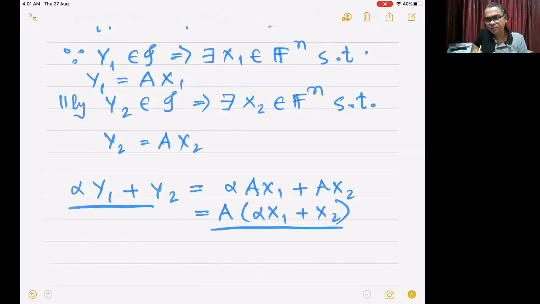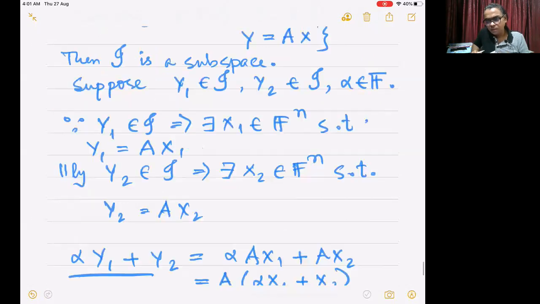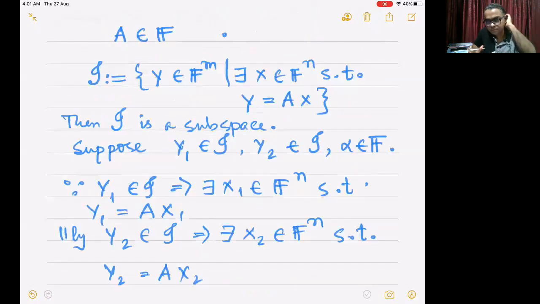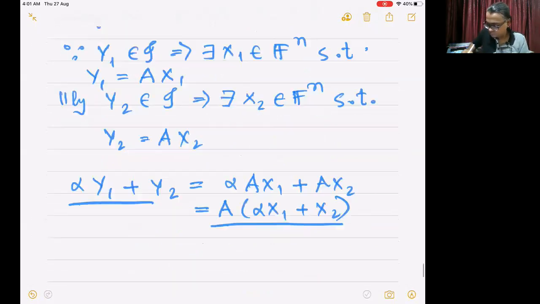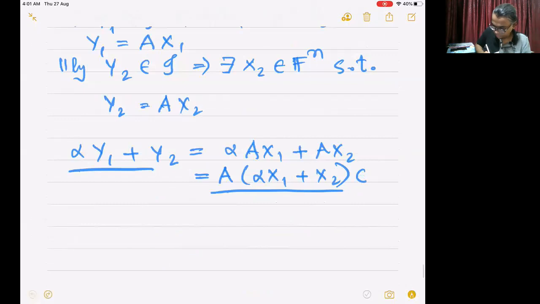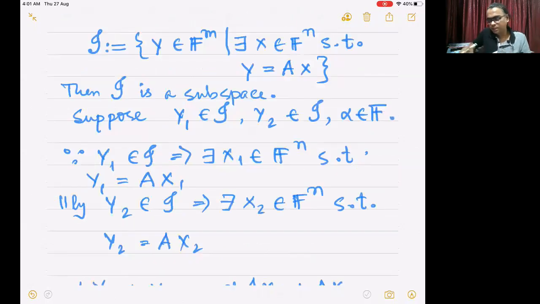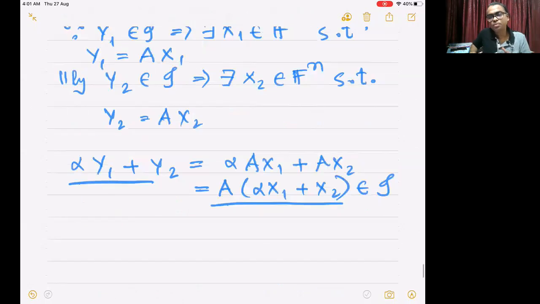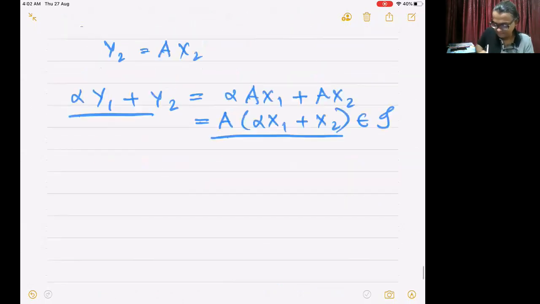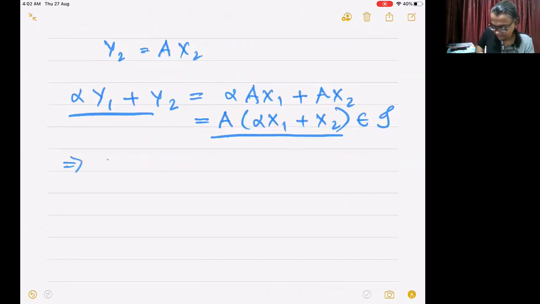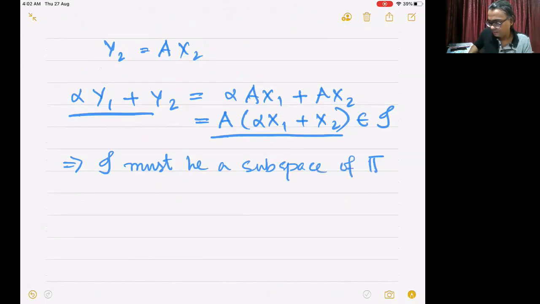This is A times a vector, and the collection of all such vectors is the set I. So this belongs to I. So therefore, y1 in I, y2 in I arbitrary, and alpha in F arbitrary implies alpha y1 plus y2 is also in I. So by our theorem, this means I must be a subspace of F^m.